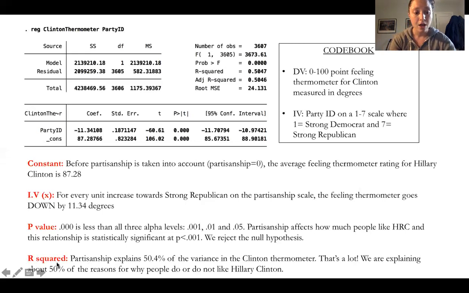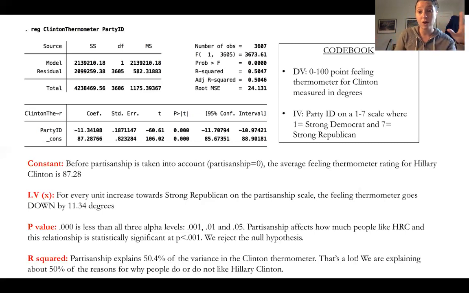And then finally, the R squared, which is all the way up here. Wow, the R squared is 0.504. So we move the decimal every time we interpret this. Partisanship is explaining about 50.4% of the variance in the Hillary Clinton thermometer. That is a lot. Remember, this thermometer goes from 0 to 100, and people rate her many different ratings. There's a lot of variance.